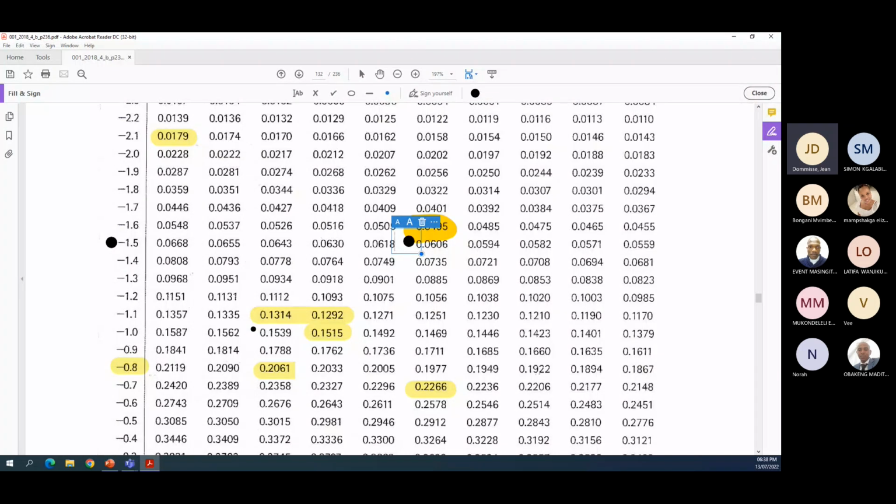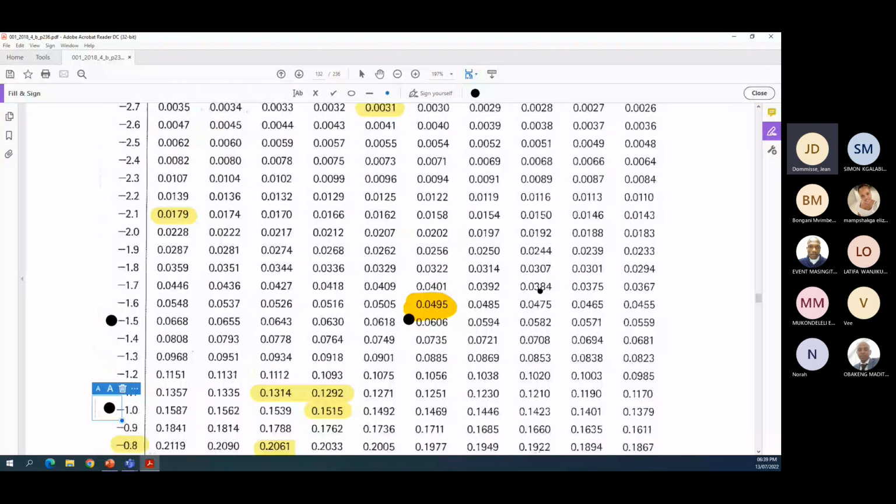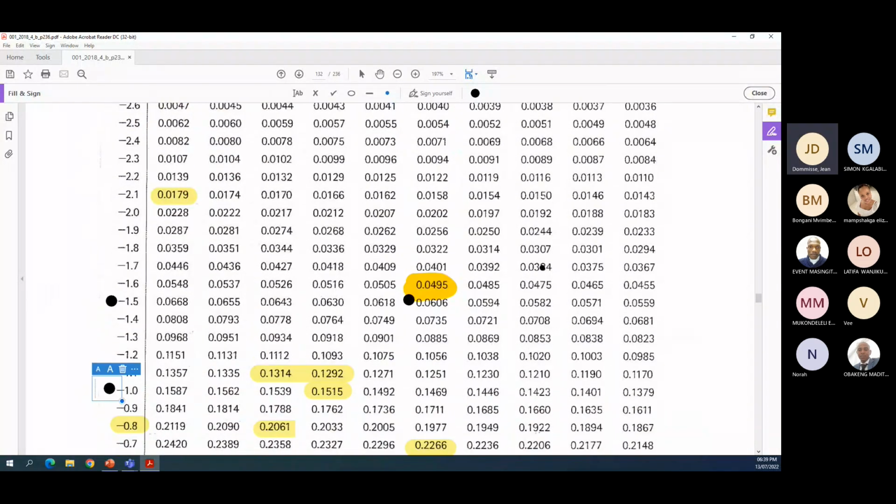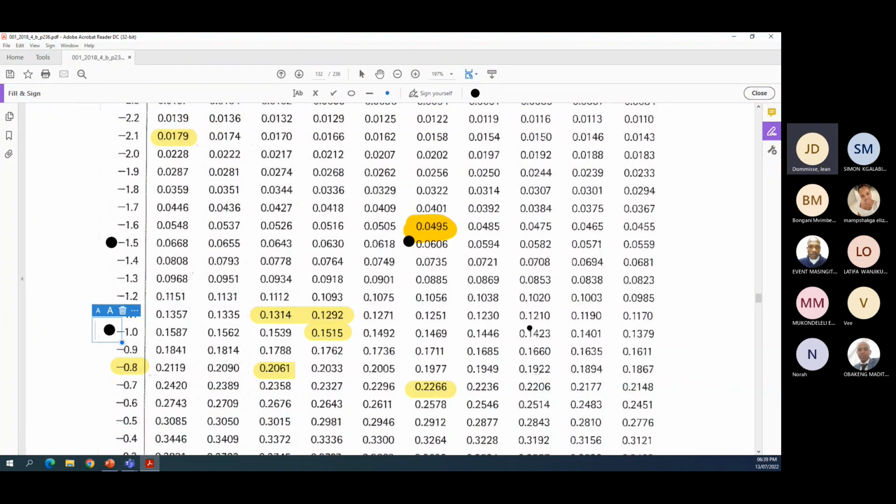So if I had negative 1.5, or let's use a different one, negative 1.07. So negative 1.0 will be that, and negative 1.07 will be where this 0.7 is. So it will be that probability.